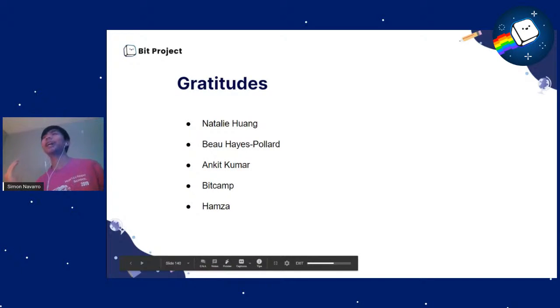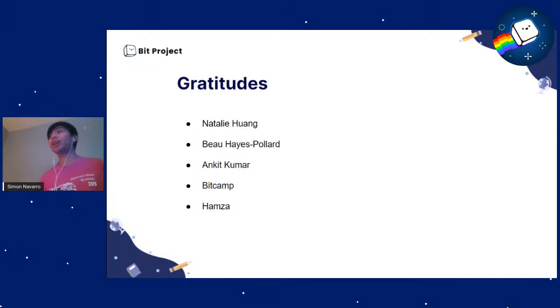Bo, because he tried to help me fix this Raspberry Pi that I just want to throw across the room. Ankit for helping me immensely with the front end. Hamza for just some general questions that I had. He's a friend of mine. BitCamp because they were able to give me this opportunity to create these projects.